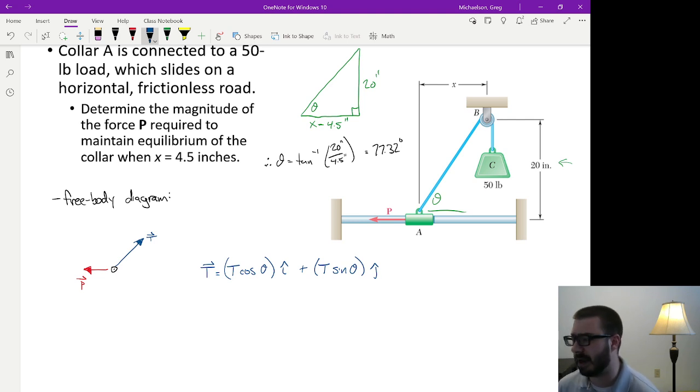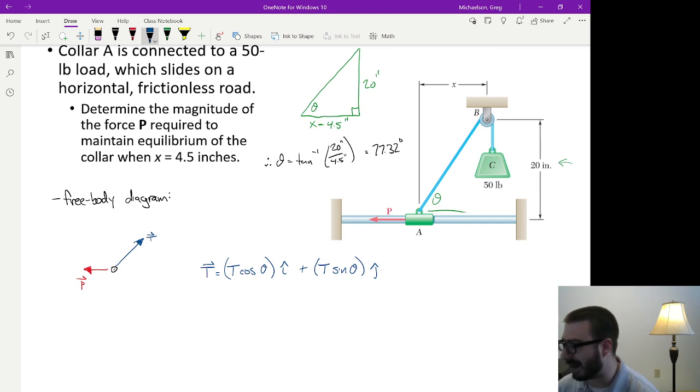Because we referenced our angle from the horizontal, this should be a default approach to how you describe your vectors, just in 2D. Once we've got our angle from the horizontal, cosine times I, sine times J, and throwing the magnitude in on both terms.